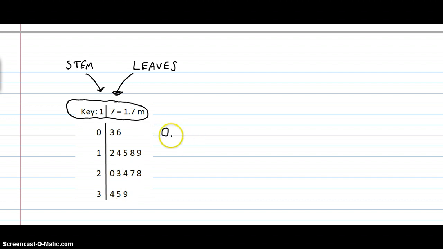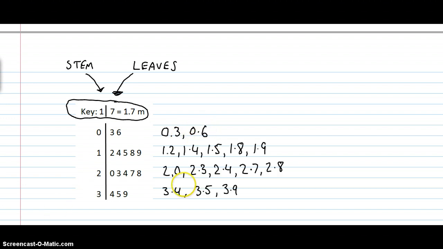Now it's going to represent 0.3, because the key tells me 0 and 3 represents 0.3 meters, and 0.6, and so on. This is going to be the list of numbers represented by this stem and leaf plot now, because the key is giving us a different interpretation.